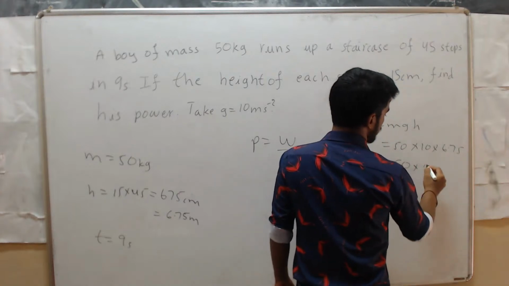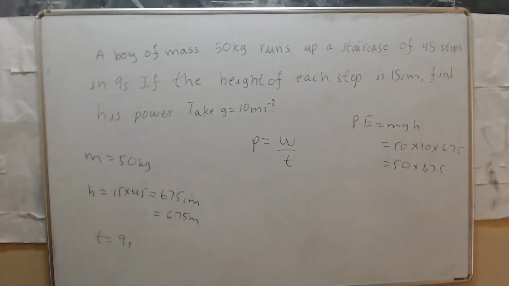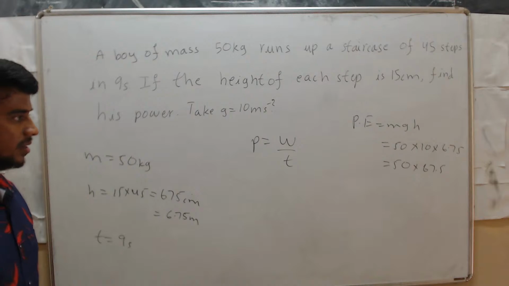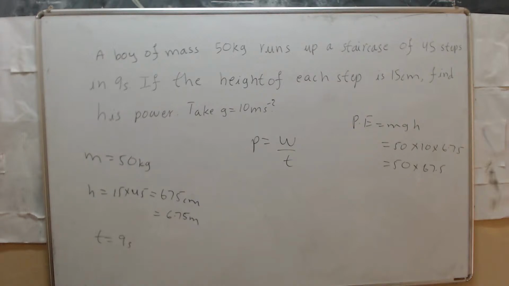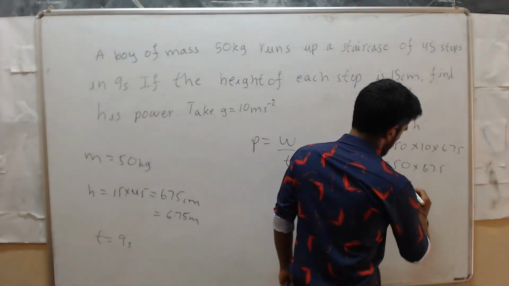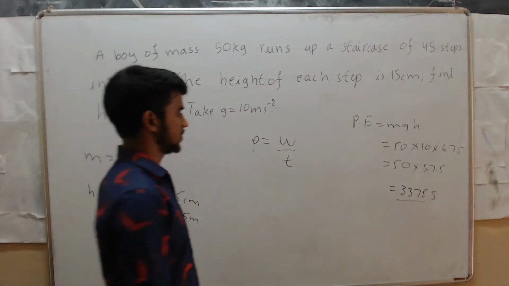So 50 into 10 into 6.75 is 3375 joules. Yes, correct.